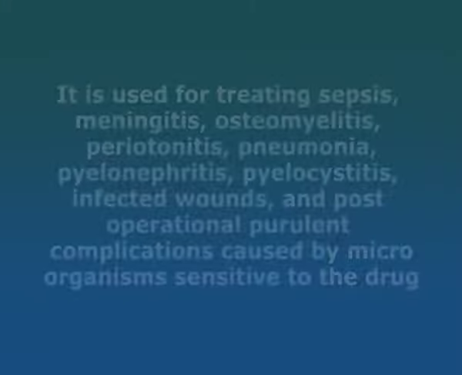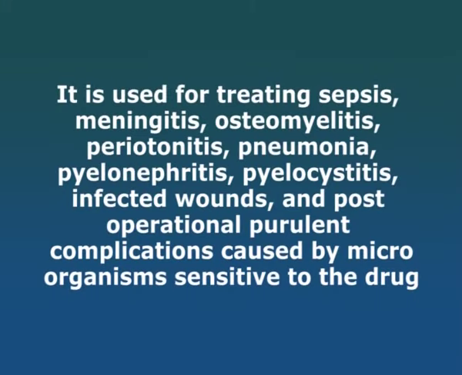It is active with respect to most gram-positive as well as gram-negative microorganisms, that is staphylococci, gastric bacilli, rabbit fever, Friedlander's bacillus, Proteus, Shigella, Salmonella. It is used for treating sepsis, meningitis, osteomyelitis, peritonitis, pneumonia, pyelonephritis, pyelocystitis, infected wounds, and post-operative purulent complications caused by microorganisms sensitive to the drug.